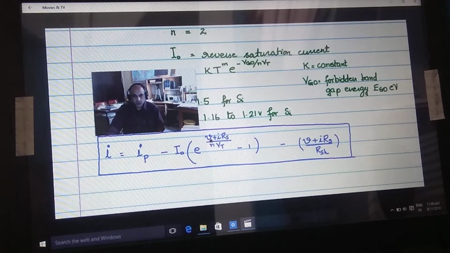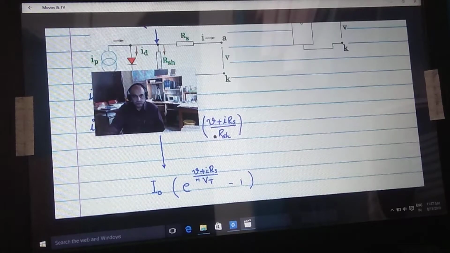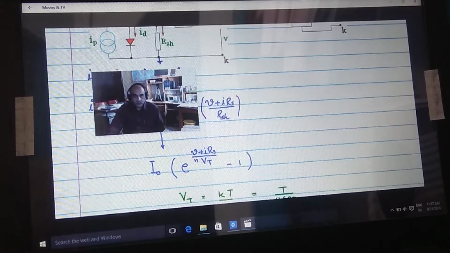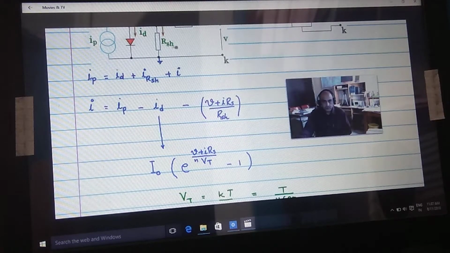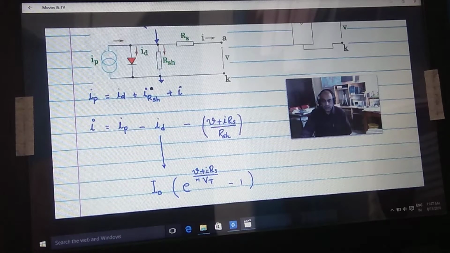However, in practice, you should understand that the diode is not an ideal diode. It has junction capacitances, and the junction capacitance across the diode will take care of the causality problems, which means the voltage here will be a state, and it will have history and memory.